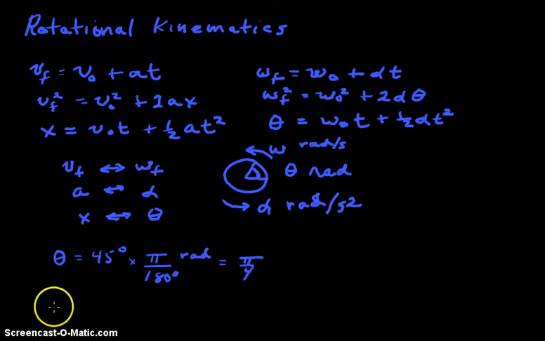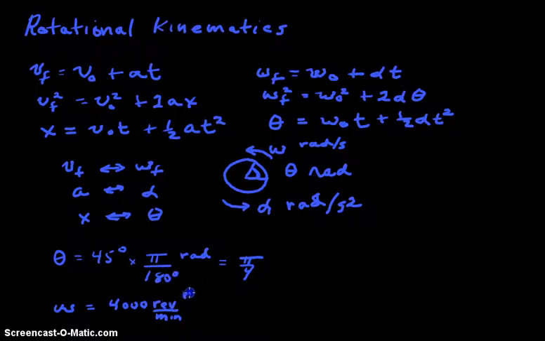And then, for example, you might have something going around at, say, 4,000 revolutions per minute. Like your car engine might have this angular speed.